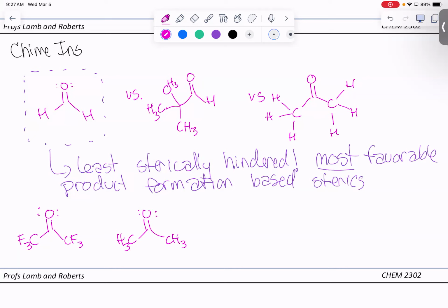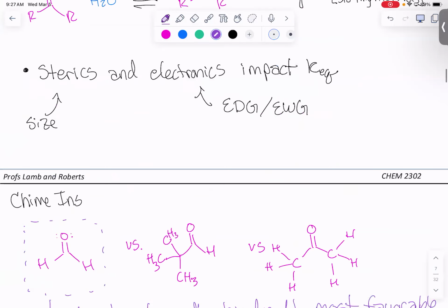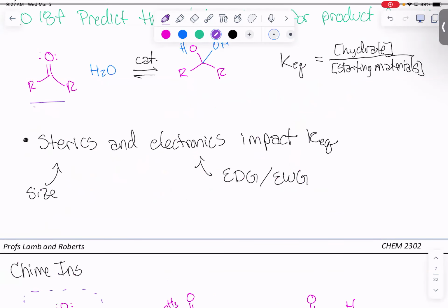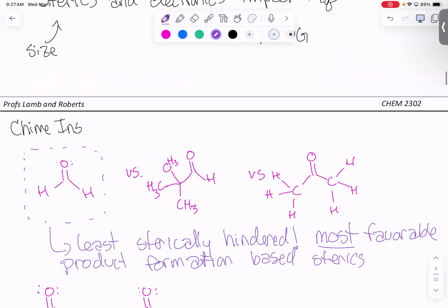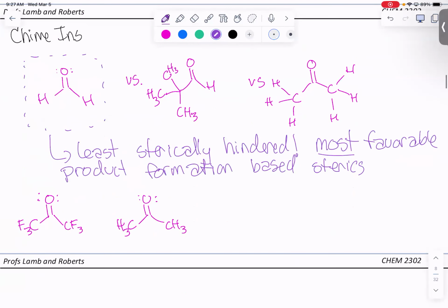So now we're looking at electronics, okay? So when we're looking at electronics, right, we want this to be a good electrophile, right? So if we want a good electrophile, we're going to think about the fact that our electrophilic carbonyl carbon, that oxygen's pulling electron density away from both of those options. Okay, great.